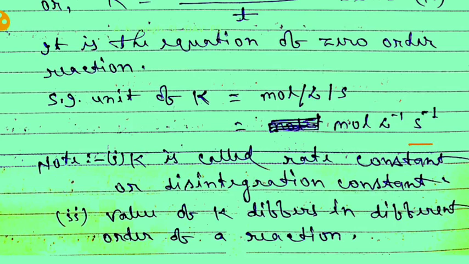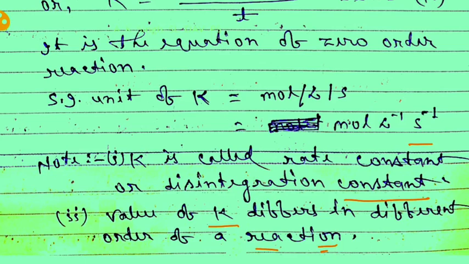Note, K is called the rate constant or disintegration constant. The value of K differs in different orders of reaction, and the SI unit is also different.